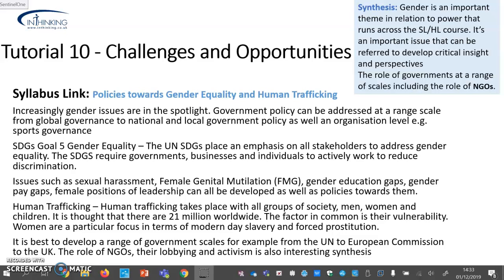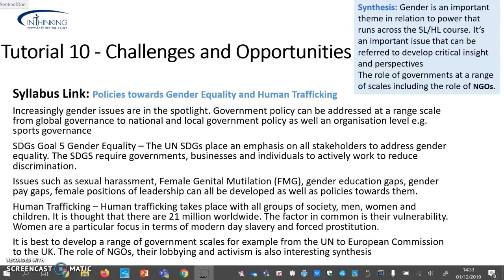All these ideas could be developed, and they're currently in the news. If we think about the US ladies football team, salary equality there, the hashtag #MeToo campaign. These are just current news stories which you might want to explore.